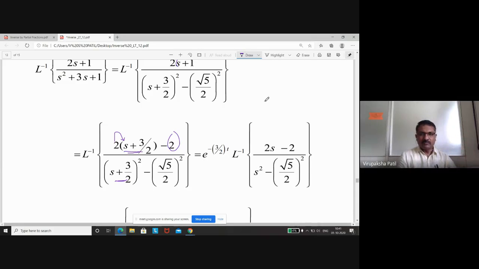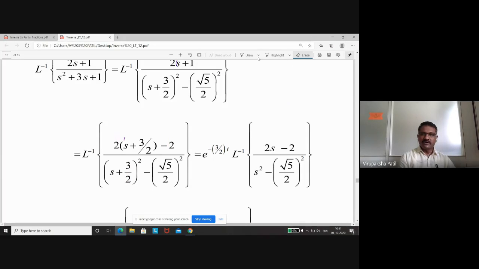This means, as in finding Laplace transforms, you would have used the shifting property. In simple language, removing this outside, what will you get?